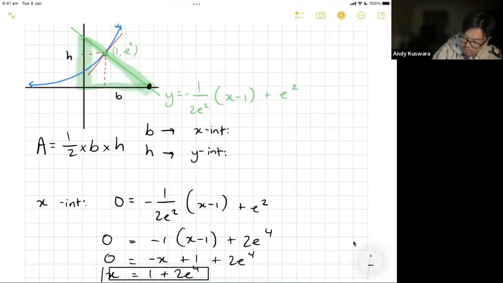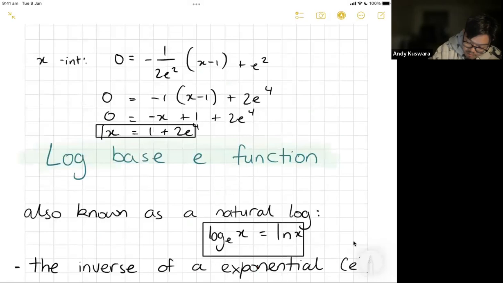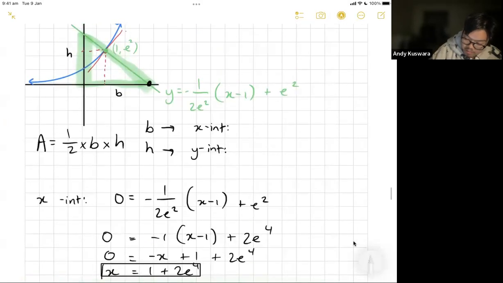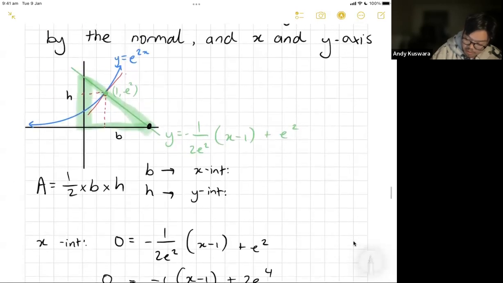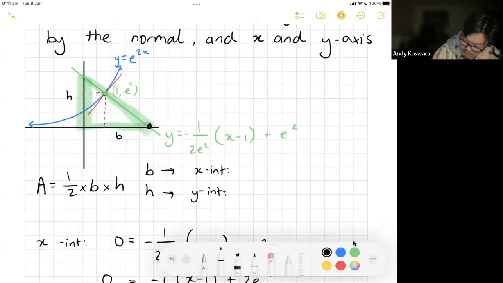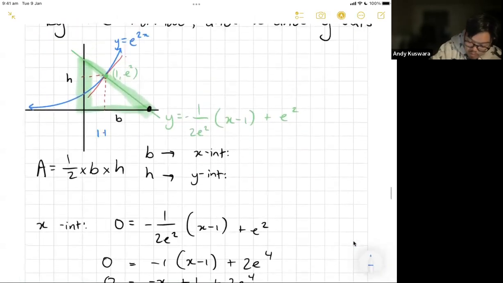There's an expression for x, and that's that one done. That's going to be our x-intercept, so I'm just going to label it down here. This ends up becoming 1 plus 2e to the 4, because that's what that is. So it's also the same distance as 0 to that point.